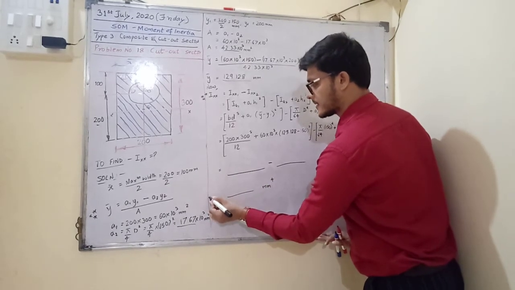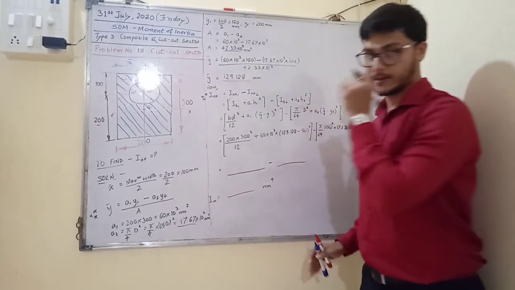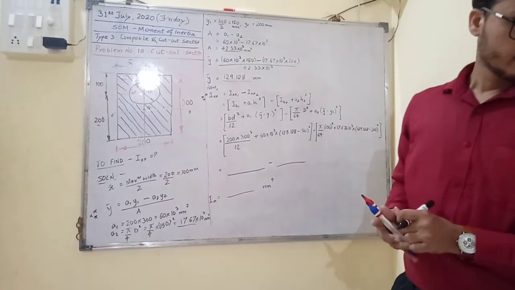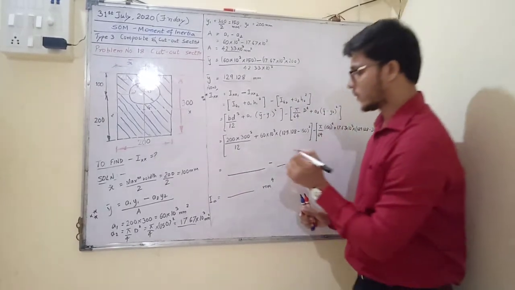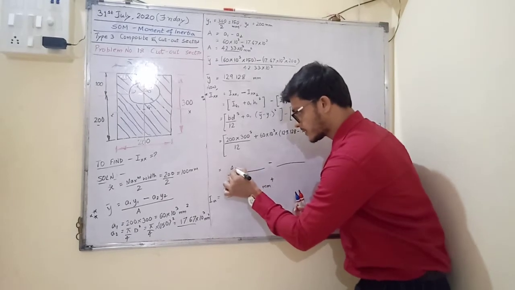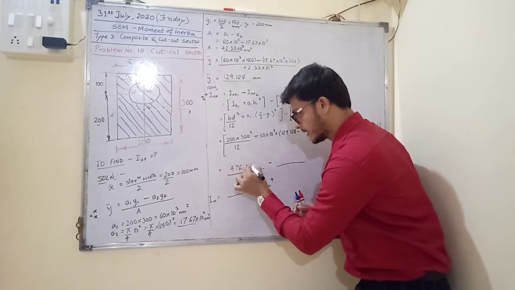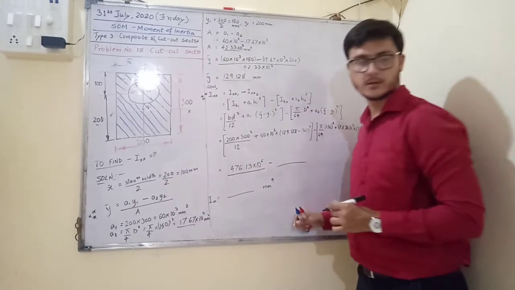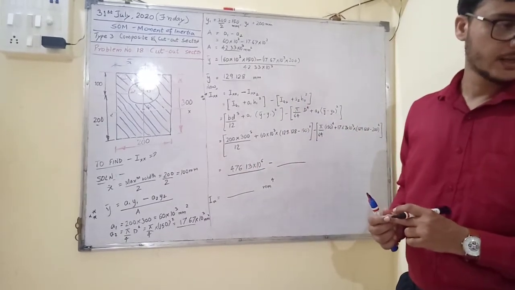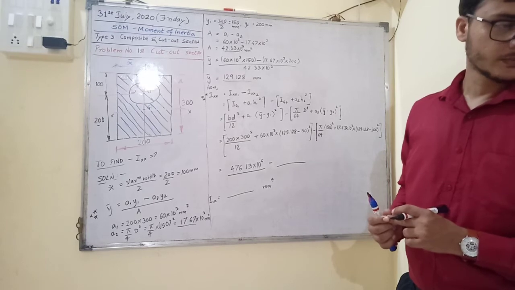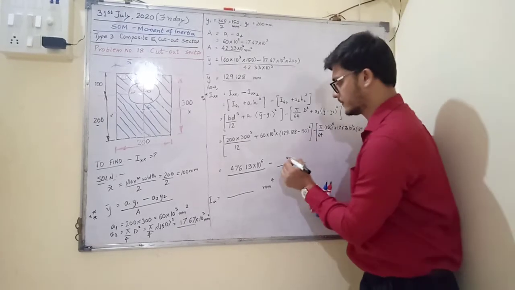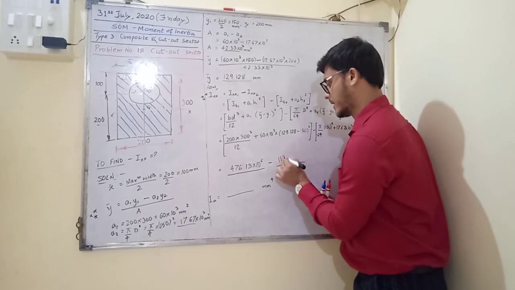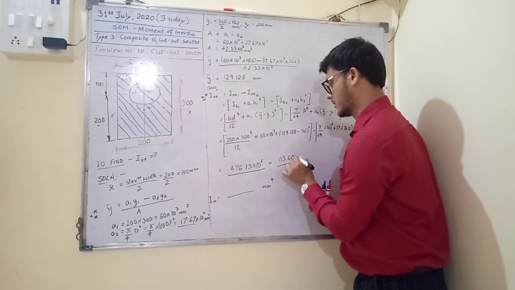On solving this first square bracket I got the answer as 476.13 into 10 raised to 6. On solving the second square bracket, I got the answer as 113.60 into 10 raised to 6.